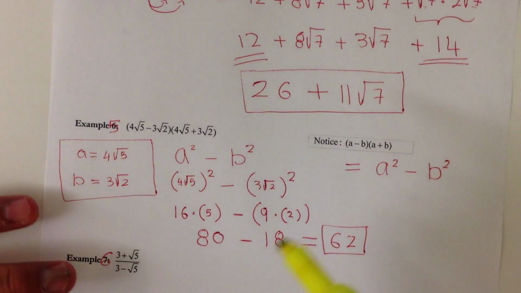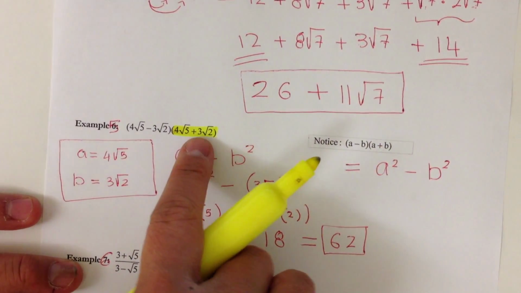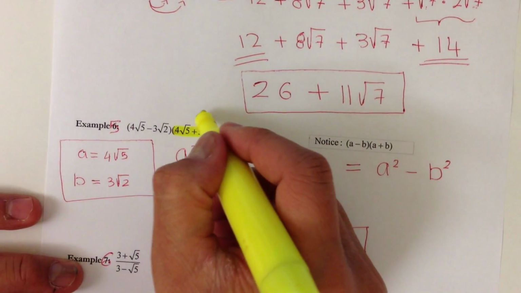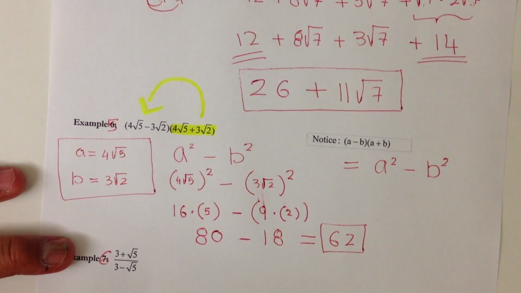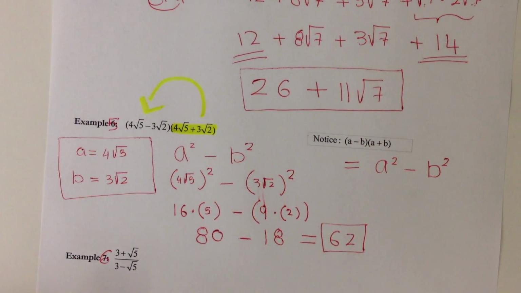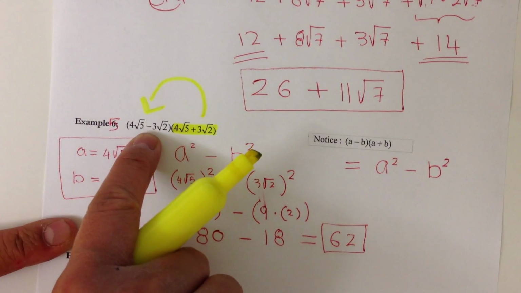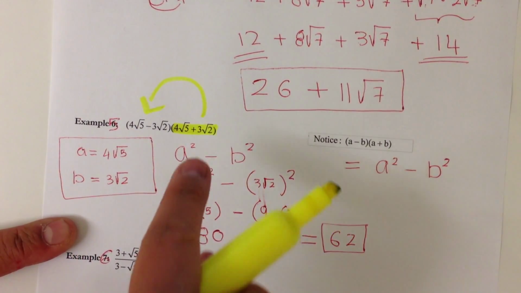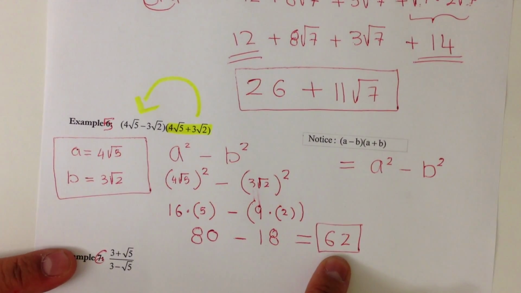Also, I want you to understand that this binomial right here is the conjugate of this one. So another way to think of example 5 is that if you take a binomial containing a radical and multiply it by its conjugate, you will get a value without any radical.